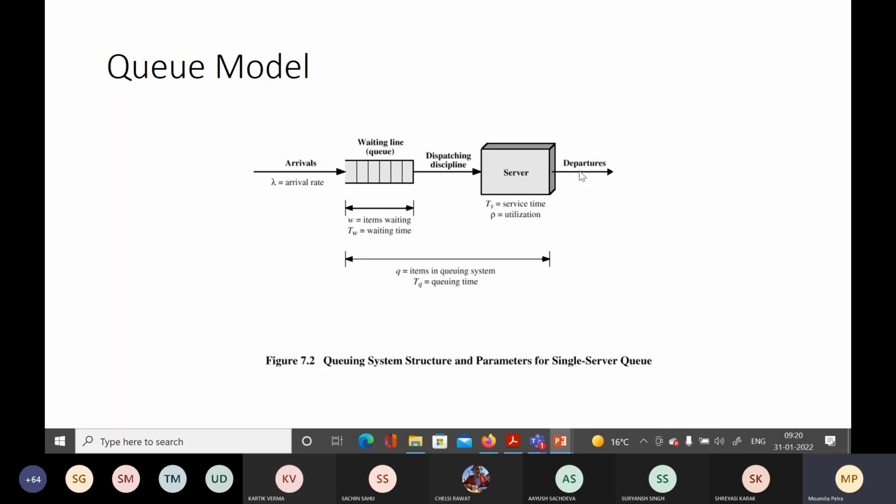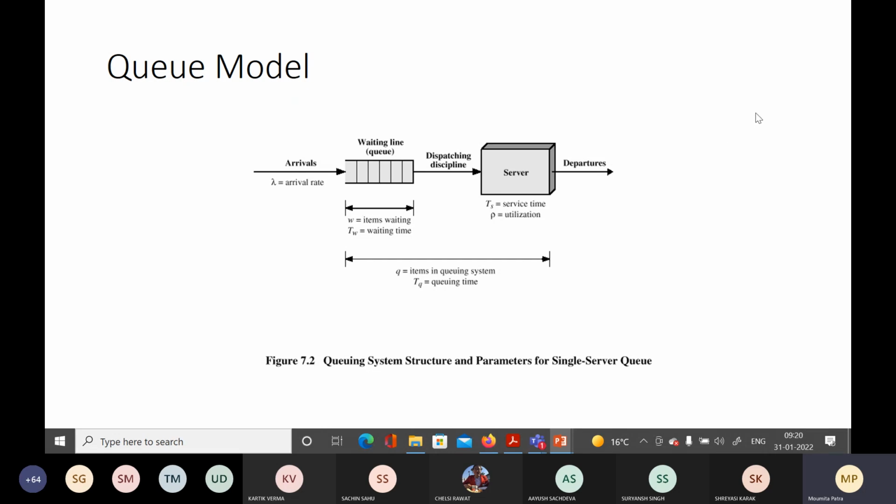So I was talking about this, that starting from the queue till the server, this is an entire system. Once a job arrives into this system, we can find out how much time it will take to get out of the entire system. If this is a black box, somebody is arriving, they are waiting for some time, and then they are departing.